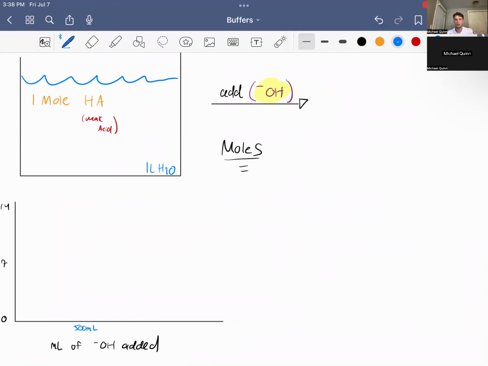So when you run a titration, you have your original beaker with whatever you're starting with, and you are adding a solution of OH minus to that beaker. Now, in order to calculate how many moles of OH minus you need to add, remember, molarity is equal to moles over liters. So we need to know how much of that OH minus we are adding in terms of its milliliter value and the concentration of the solution that we are pouring in.